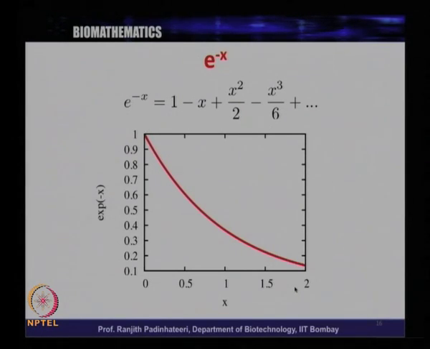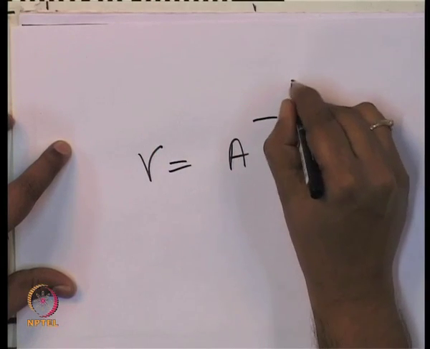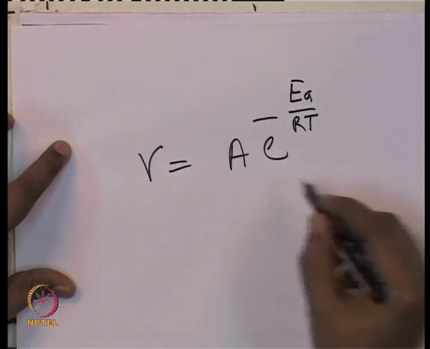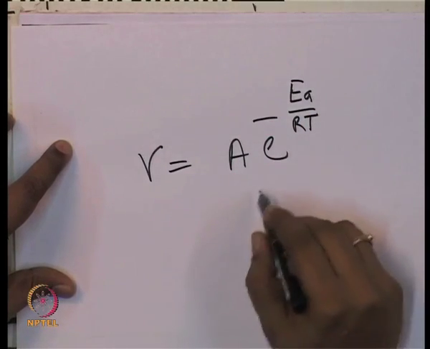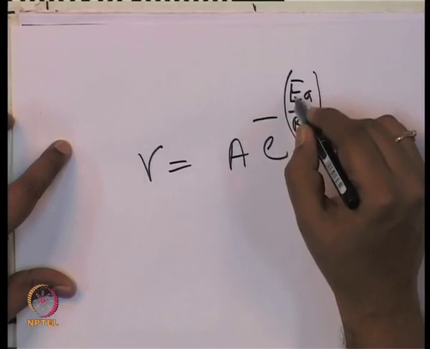So, this is a decreasing function. We saw at some point that r is a e power minus E a by r t. So, the rate of a reaction decreases as whatever is in the bracket increases.